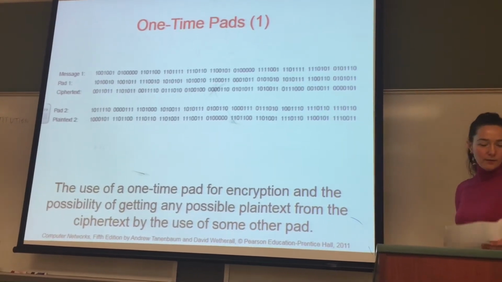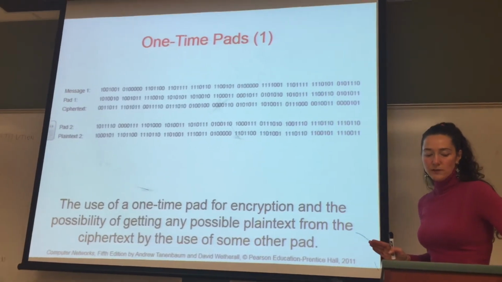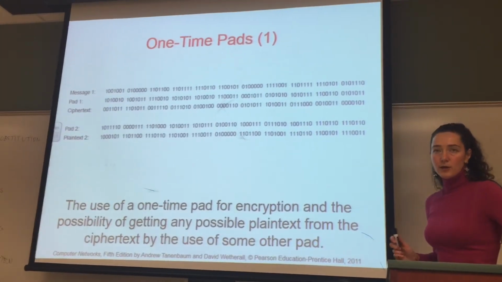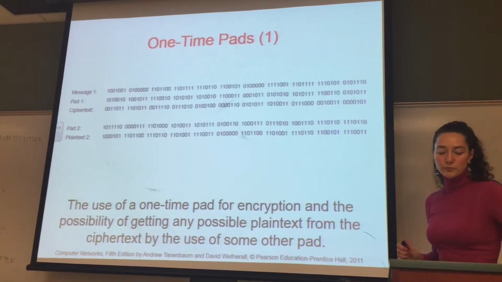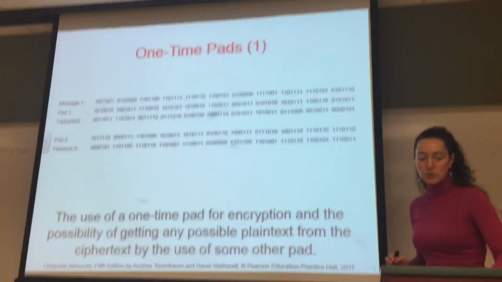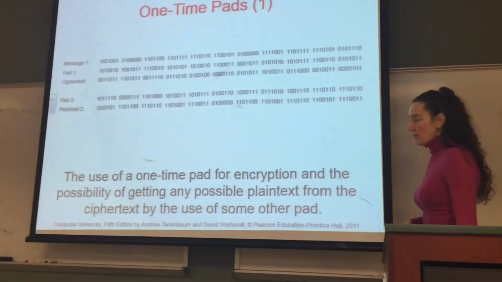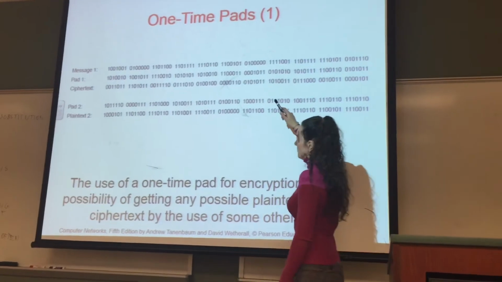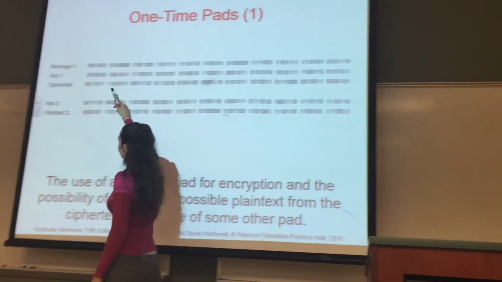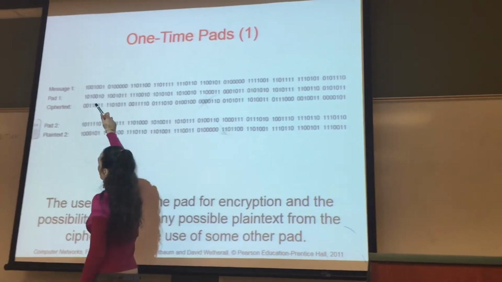And then we can take that binary representation of the text and convert it from this plain text into a bit string. Then we pick a random number called a pad and do an XOR with this pad.